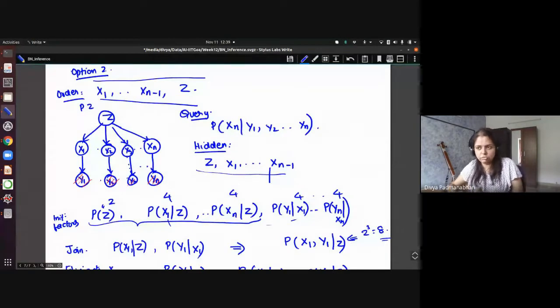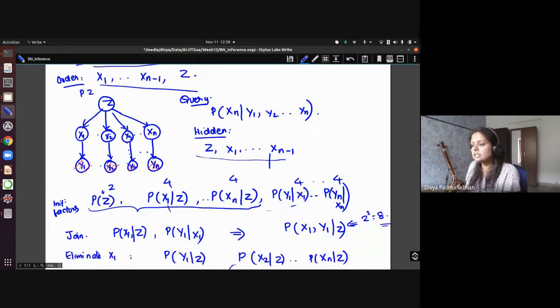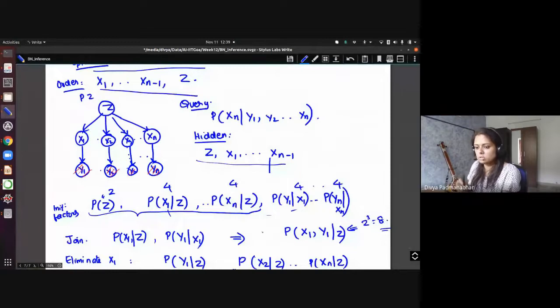If you chose any of them, you're going to get this 2 power 3 because there's some symmetry in the graph, so it doesn't matter whether you choose x1 or x2. You're indifferent to those. So you just compute one step and see which is going to give you the smallest table size. The smallest table size is given by x1. So then you say, okay, we will do this operation. Now go ahead, do this operation.